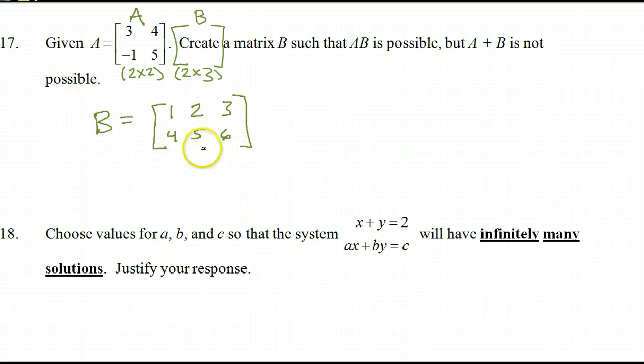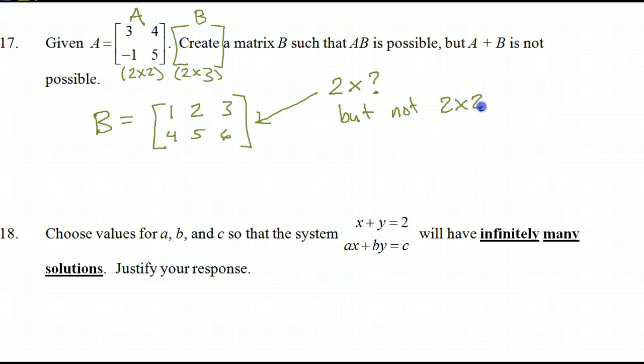So I'm just going to make a note to myself when I'm grading papers later that whatever your answer is, it has to be 2 by something, but not 2 by 2. Okay, so for example, it could be a 2 by 3, or it could be 2 by 4, or it could be 2 by 5.